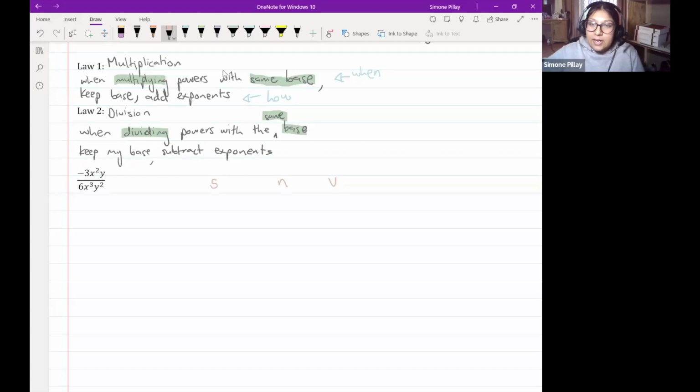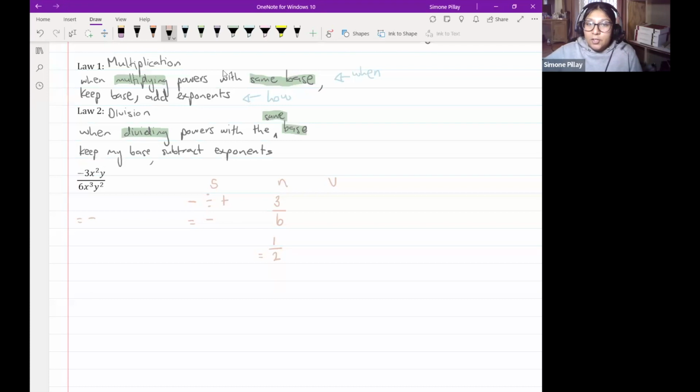Let's deal with our signs. I can see I have a negative divided by a positive, and I know that's going to give me a negative. So immediately I know my answer is going to be a negative fraction, whatever it is. What are my numbers? 3 divided by 6, and if I simplify that, I would get a half.